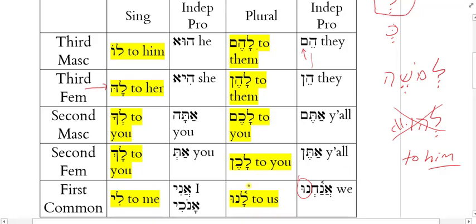Everywhere else, the pronoun is always on the final syllable, if there's two, or the only syllable, if there's one. Okay? The only time it's on the non-final syllable is in lanu. It's not lanu, but lan. Lan. Okay?